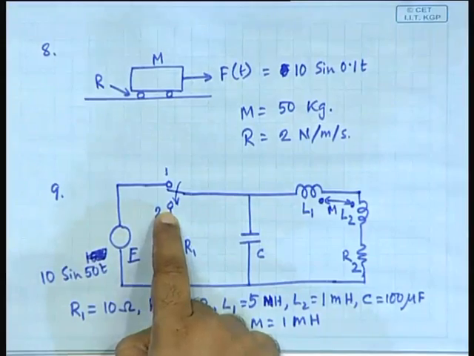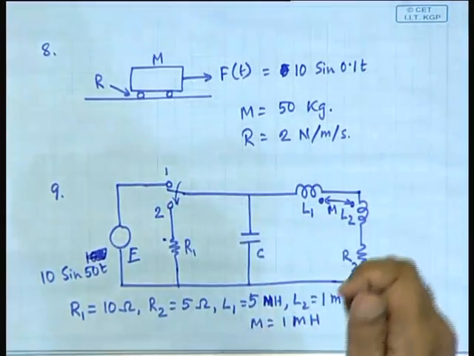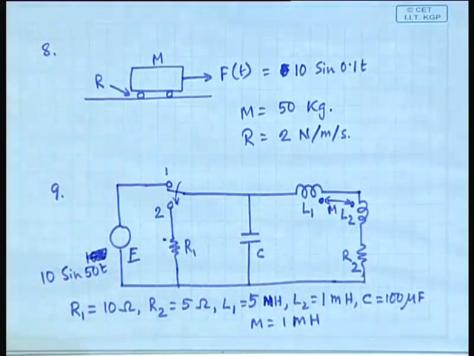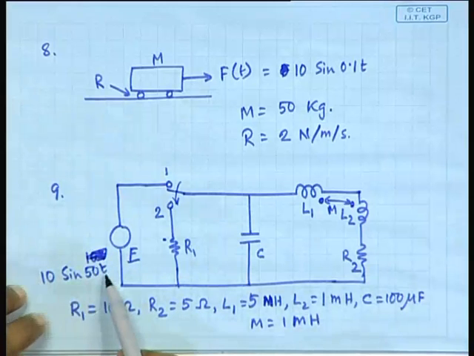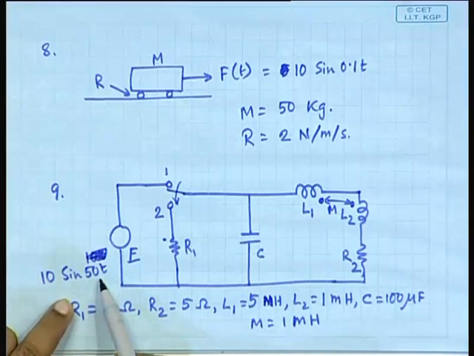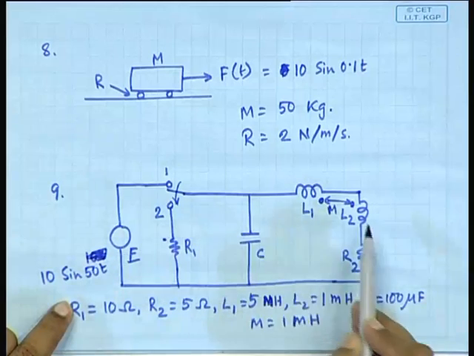Now, it is only that sinusoid we are talking about, and now it comes to 2, and obviously what happens after that depends on when it comes to 2. Now, it does not come to 2 at the zero crossing of the current.